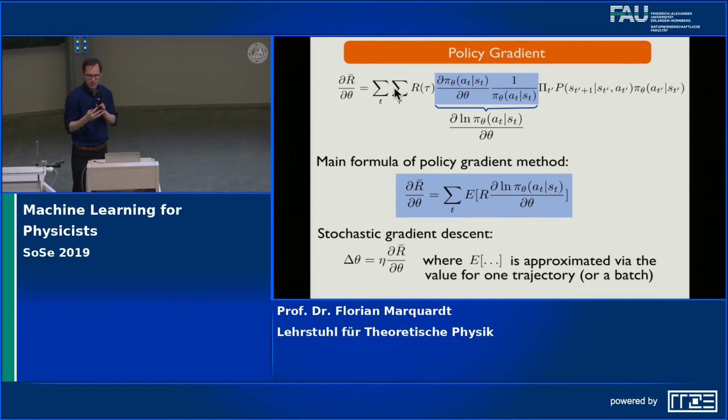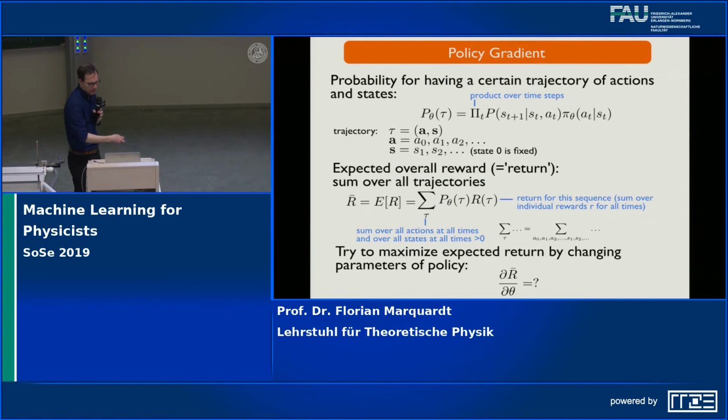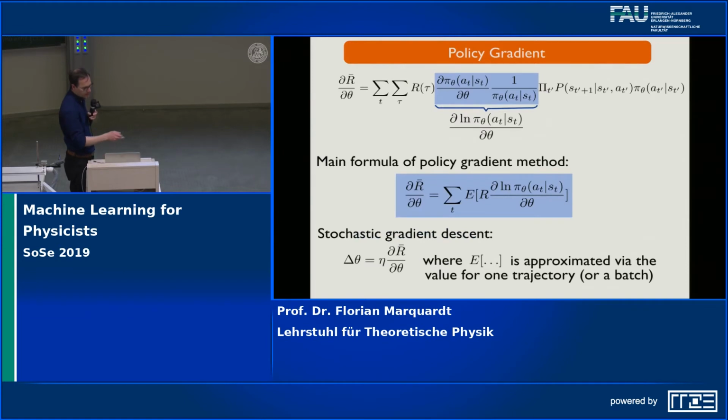So that's my expectation value over all trajectories in the same sense that I wrote it down here. Here I had the expectation value of R, so it was the sum over tau, P of tau times R of tau. Here now I have something slightly more complicated because I multiply the R of tau by this logarithmic derivative. So when I write it now as an expectation value over all trajectories, this expectation value no longer just includes the R, but also this logarithmic derivative.